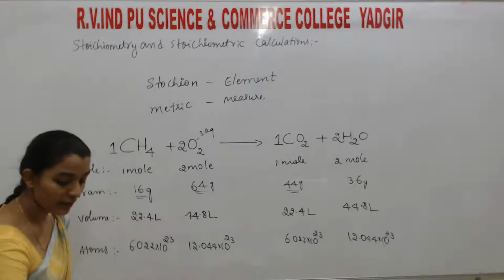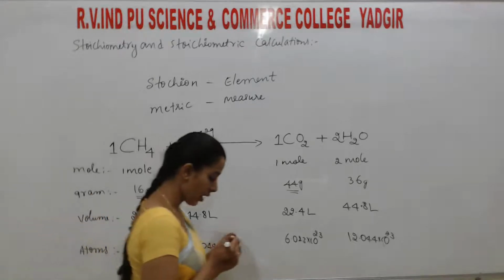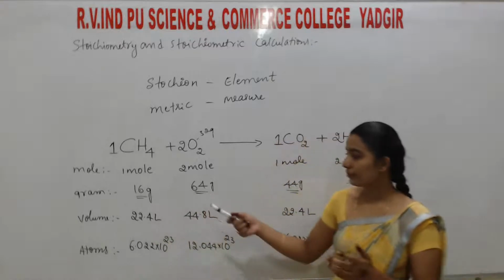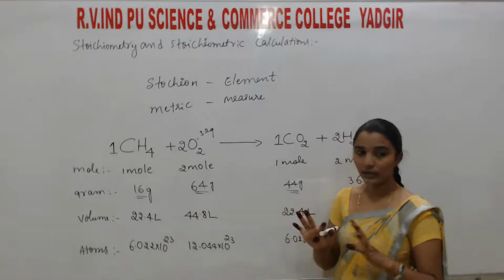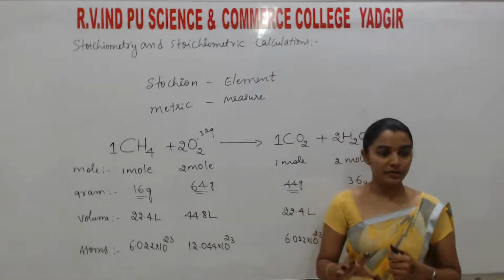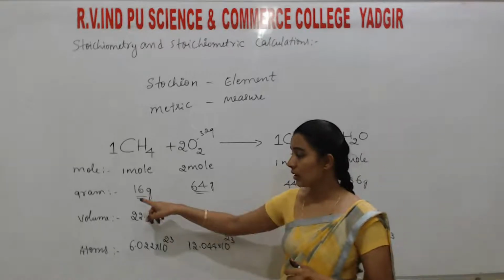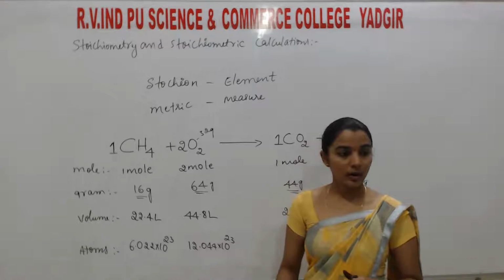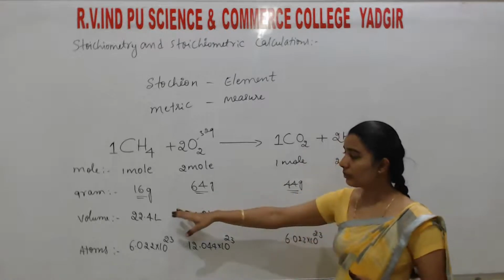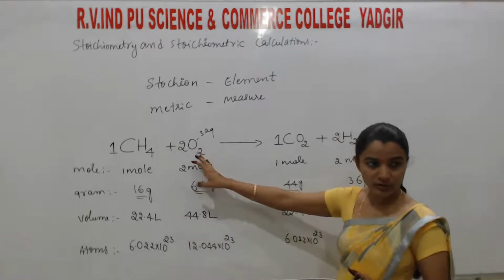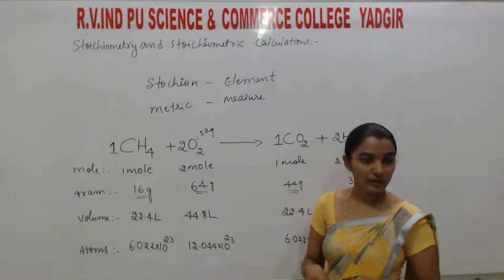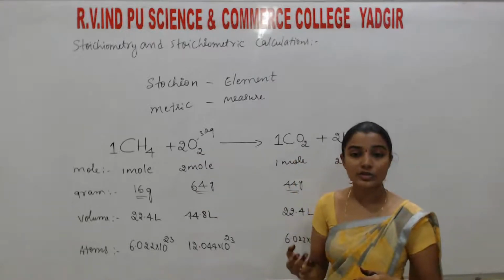So students, they may ask a question. How will they ask? Listen. If here 16 gram of methane combines with oxygen, like that some values they have given. If they give 2 gram of methane completely burning in presence of oxygen to give carbon dioxide as well as water, then how much oxygen is required?